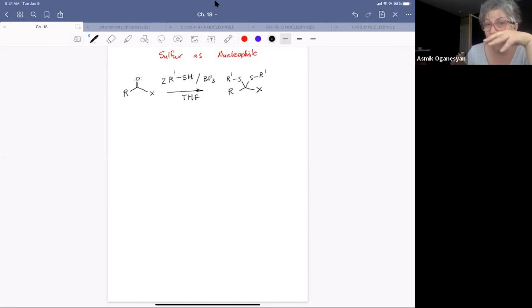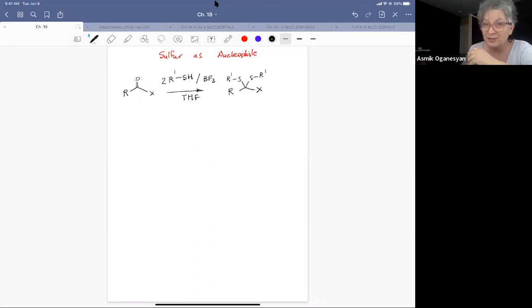For the purpose of practicality of this reaction, I would rather use a dithiol and put a cap on the molecule, as we did in oxygen nucleophiles with formation of the protecting group.